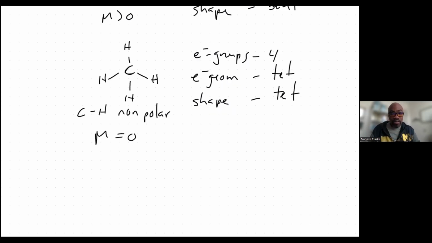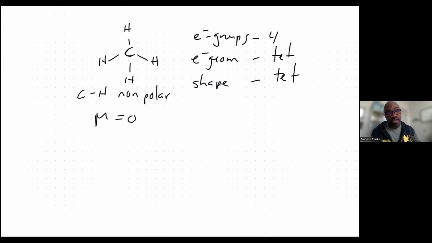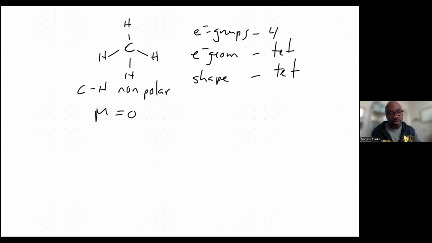There are a lot of shapes, so we're going to look at two more. One being trigonal bipyramidal.